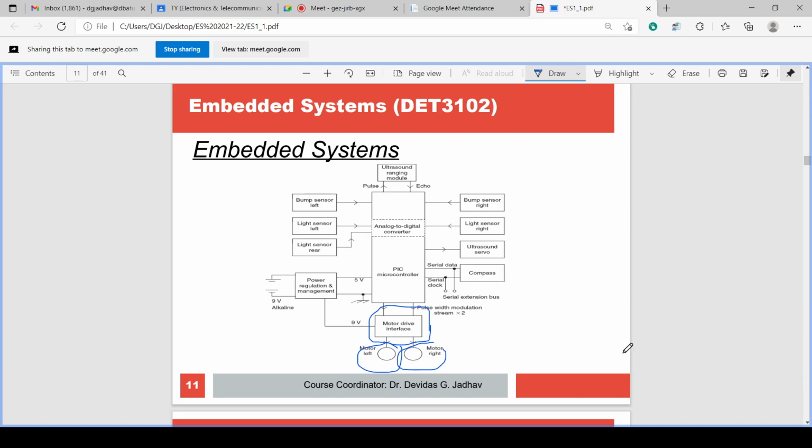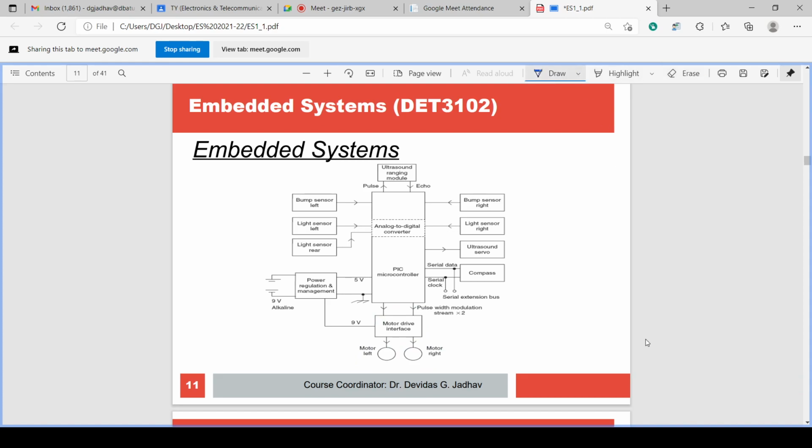Sometimes only two motors are used with free running wheels on the front and back side. That is also possible. All four motors are also possible. So this is the motor driver interface and motors.